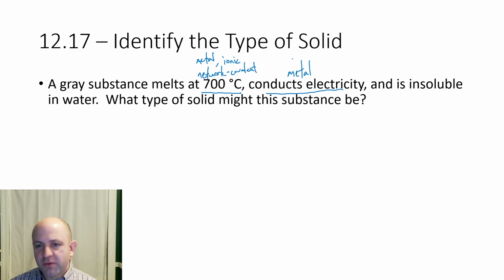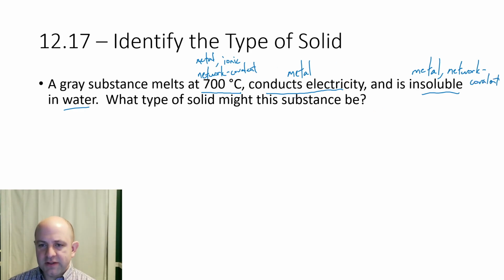But for the most part, metal is it. So let's double check to make sure that our last property, that it's insoluble, also matches up with that. And so yeah, if it's insoluble, that would point towards either a metal or a network covalent.